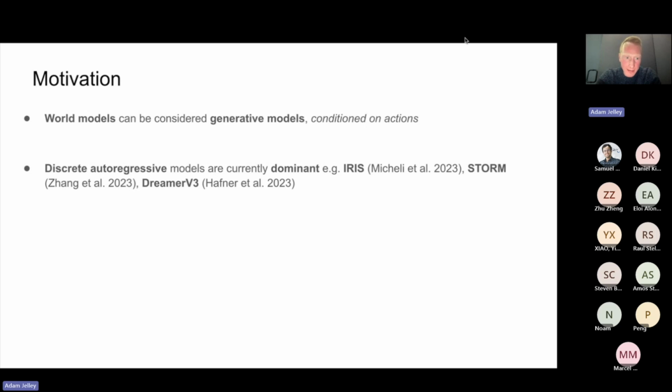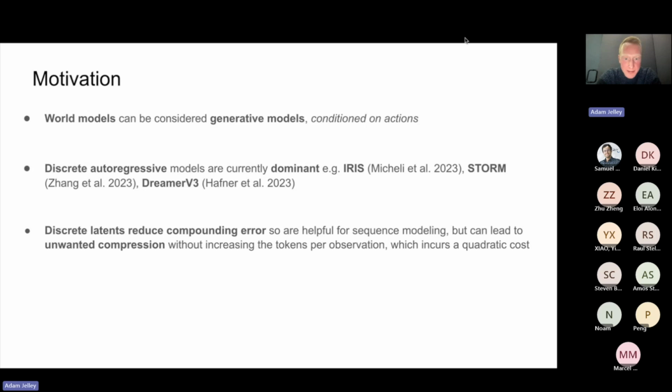Currently, discrete autoregressive models have been dominant for world model architectures. Examples include Iris, which is previous work of Eloi, Storm from Weipu Zhang, and Dreamer v3 is also another well-known one. The reason for this is that by using discrete latents, you can help to reduce compounding error in autoregressive sequence modeling.